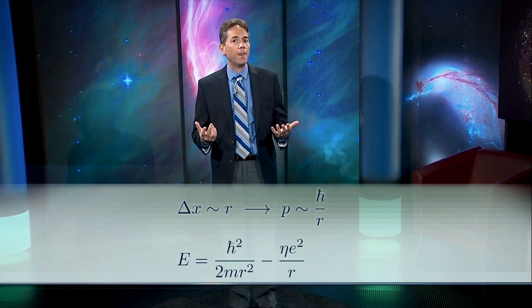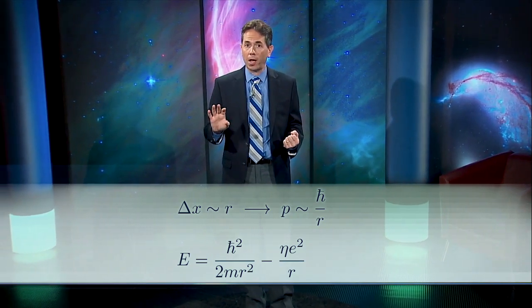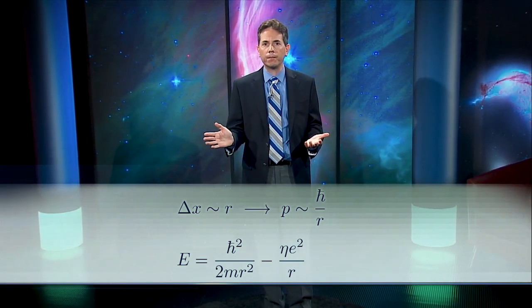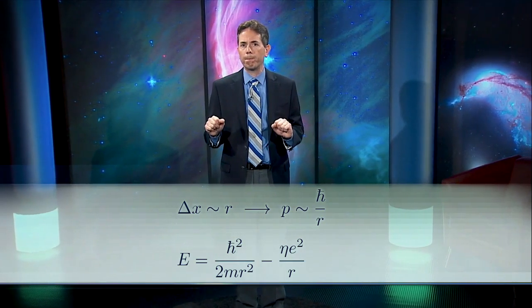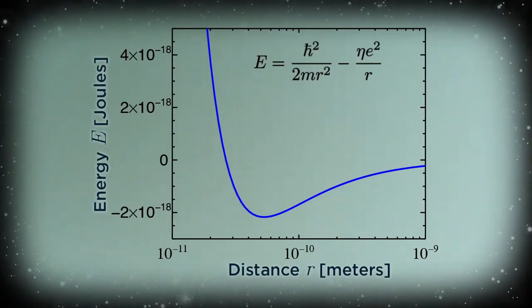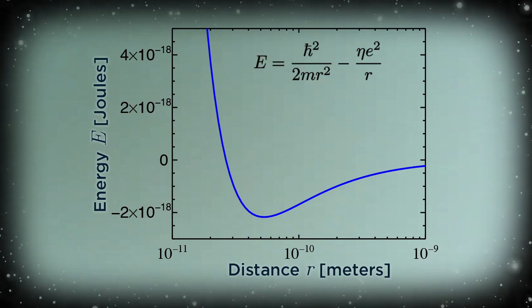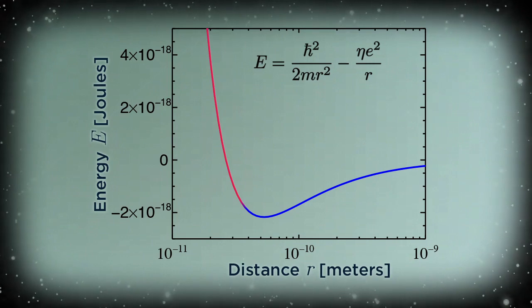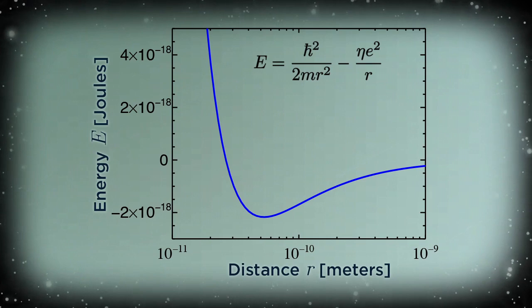So one way to find the minimum is graphically. We can plug in the numerical values of the constants and then plot E against r. Let's use a logarithmic x-axis to help us see what's going on. For small values of r, the 1 over r squared term is dominant, causing the energy to shoot up as we approach 0. But for large values of r, the negative 1 over r term is more important.